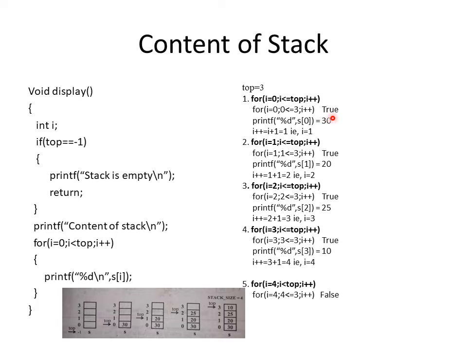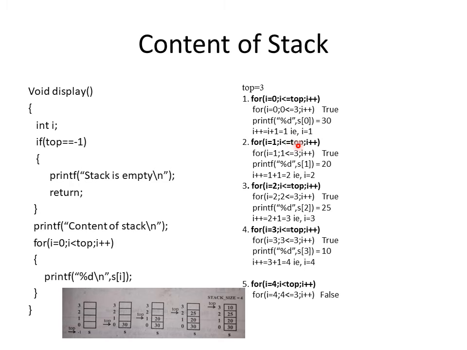After printing, you can see I plus plus. That means I am incrementing I by 1, that is I equals I plus 1. Here the I value is 0, 0 plus 1 equals 1, so I equals 1. Now I is less than or equal to top.